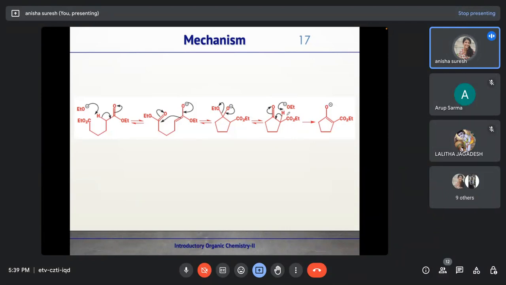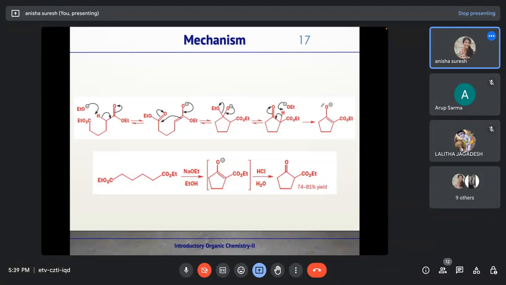And for making the reaction irreversible, there will be an alpha proton here that will be abstracted again by the base. Then it will give rise to this enolate. And when we are working it up with water, it will give rise to this product in very good yields. Is the mechanism clear? This is known as Dieckmann condensation reaction.